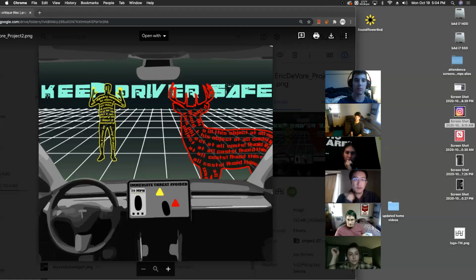Right. I also think there's not much context that we're moving. It could be a parked car. So I think there could be a couple things to really hit that point home. One of them could be you could outline the road on the computer screen.